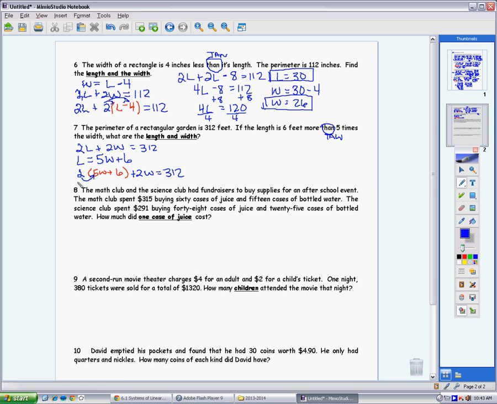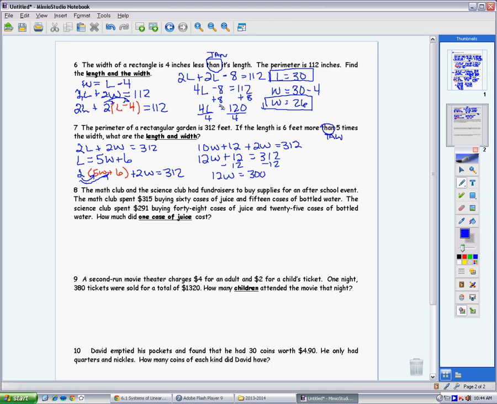I'm going to have to use the distributive property. So I get 10w plus 12 plus the 2w equals 312. And then we combine like terms. I've got a 10w and a 2w, so that combines to 12w plus 12 equals 312. I'm going to subtract 12 from both sides to get w by itself, and I get 12w equals 300.